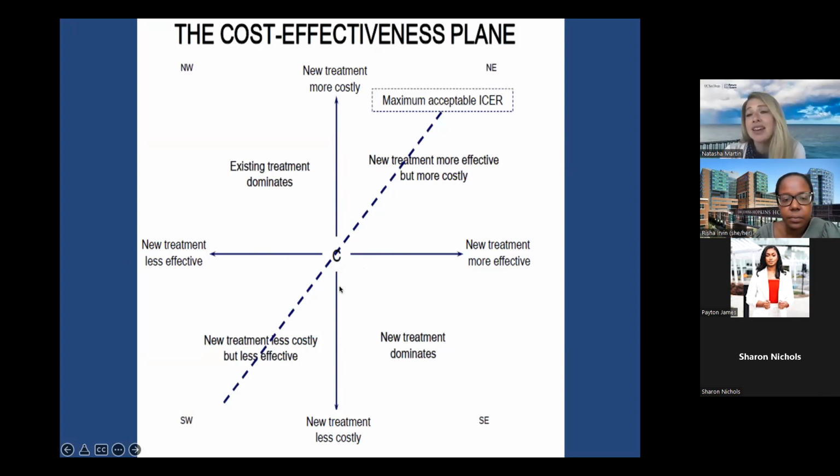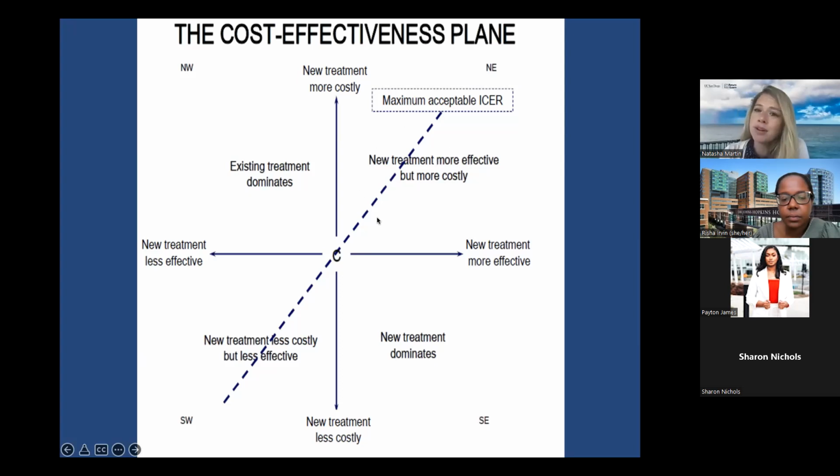Now, a great intervention would be one that's more effective and less costly than what we're doing before. That's down here. And that's an intervention that's what we call cost saving. That's great, but it's not necessarily the goal. We are often in this space here where we're looking at things that are hopefully more effective, but they're also more costly.